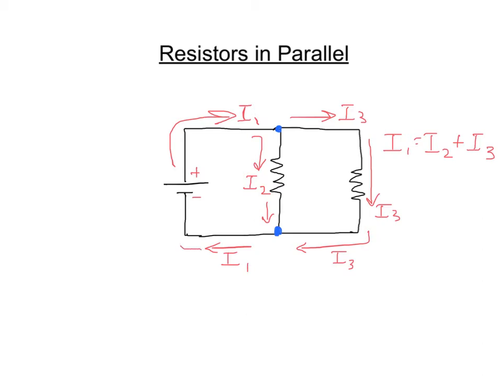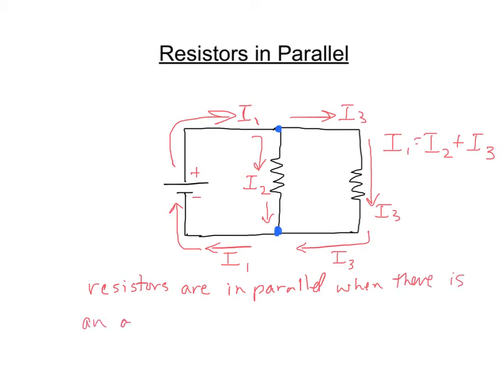So that same amount of current as came out of the battery is going to come back into the negative terminal of the battery. Resistors are said to be in parallel when there is an alternate path for the current to flow.